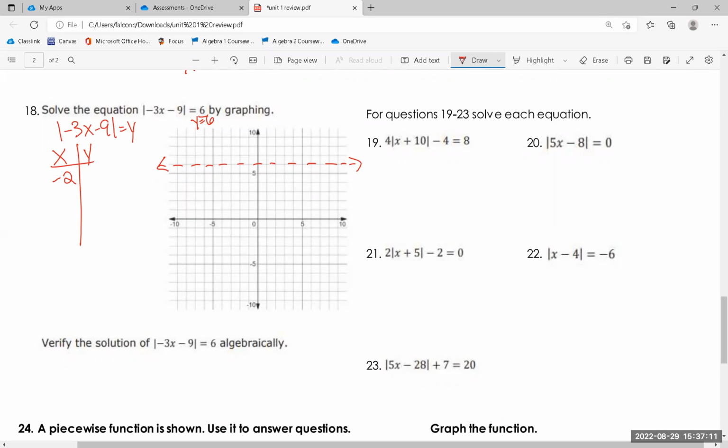If I plugged in negative 2, that would give me the absolute value of negative 3 times negative 2, which is 6, minus 9, equals y. So that'd be the absolute value of negative 3 equals y. So negative 2, 3. We'll plot that on my graph. I'm plugging in negative 1. That would give me 3 minus 9, so the absolute value of negative 6. So 6.